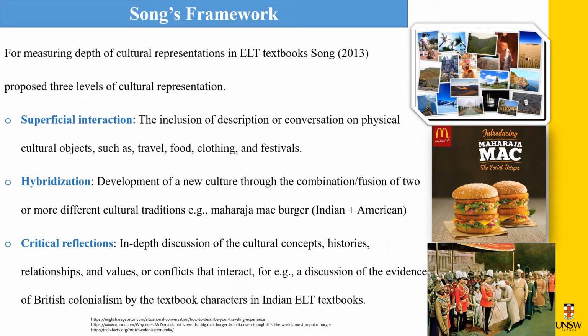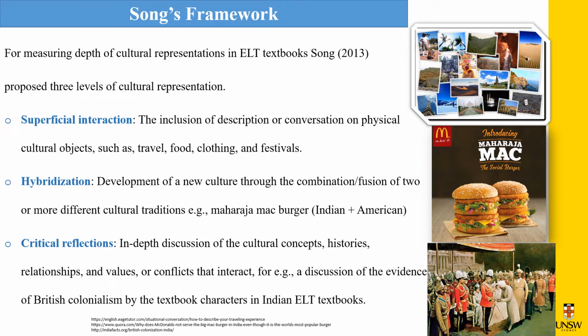The second framework, useful for measuring the depth of cultural representations, is the framework proposed by Song. Song proposed three levels of cultural representation, which with increasing level of depth are superficial interaction that involves the inclusion of description or conversation on physical cultural objects such as travel, food, clothing, and festivals.